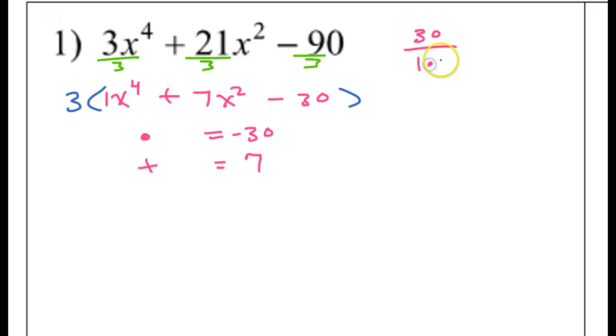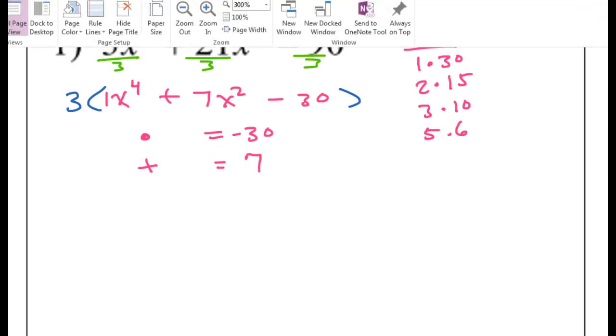So, for example, that could be 1 times 30, or 2 times 15, or 3 times 10, or 5 times 6. These are all of the ways to get 30. Which one of these pairs can make a sum of 7 if I pick the signs right?